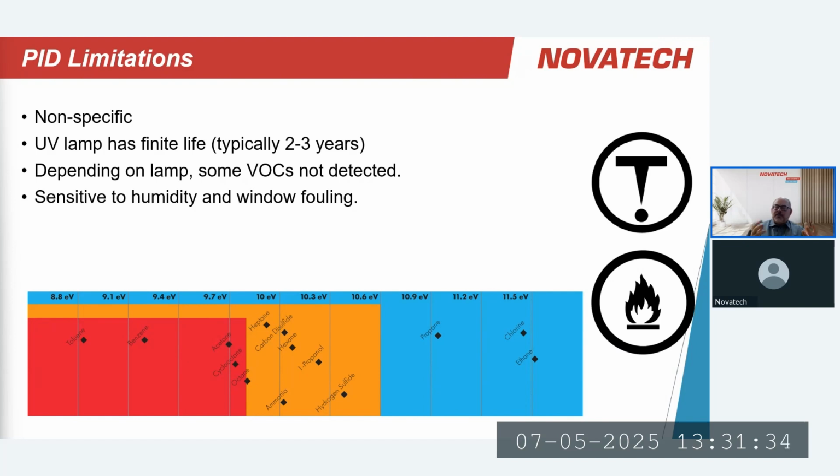And just like any kind of technology where there could be contamination of the windows, like in the infrared sensors, these sensors will also be affected by that. If you have a coating that covers the aperture where the UV light is emitting energy into the sensor, then that's going to decrease its ability to do so.